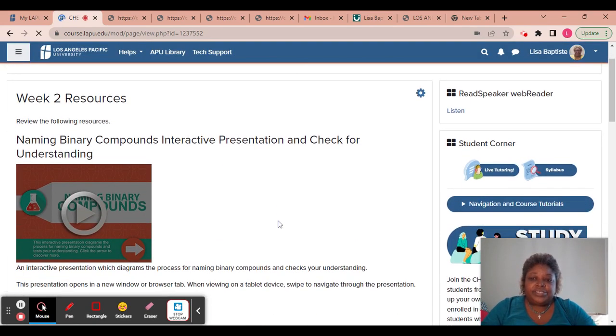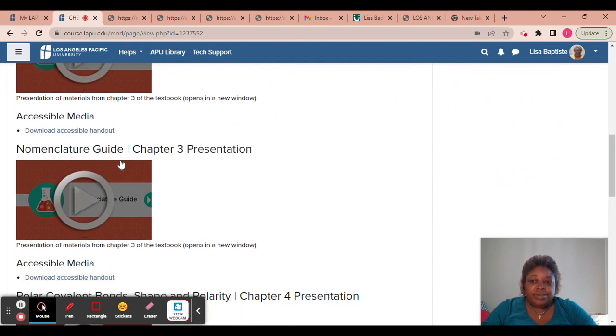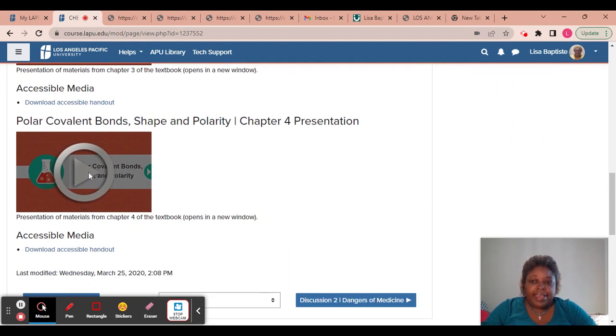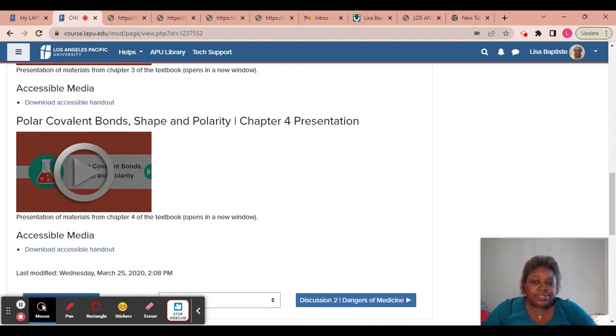Okay, so for week 2, we looked at naming binary compounds. We looked at formula weight, molecular weight, and molar mass. We looked at the nomenclature guide. We looked at polar, covalent, shape, and polarity. And this was our lab assignment that we worked on for that week.